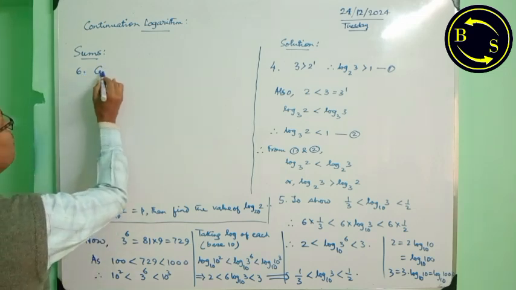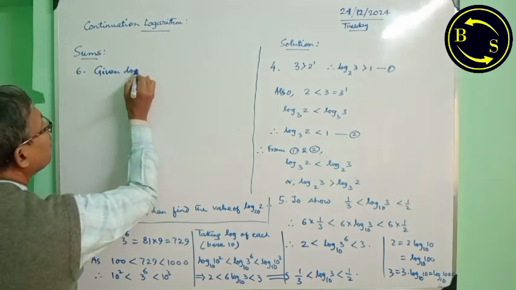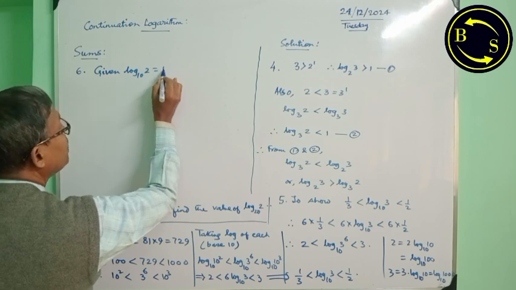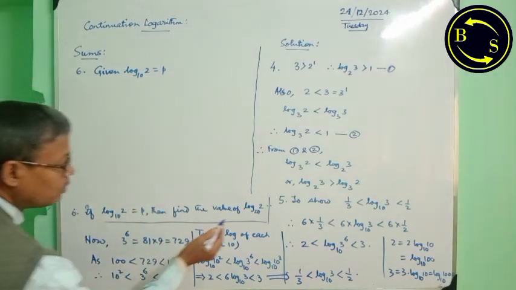Given log of 2 to the base 10 is equal to p. We have to find the value of this one.